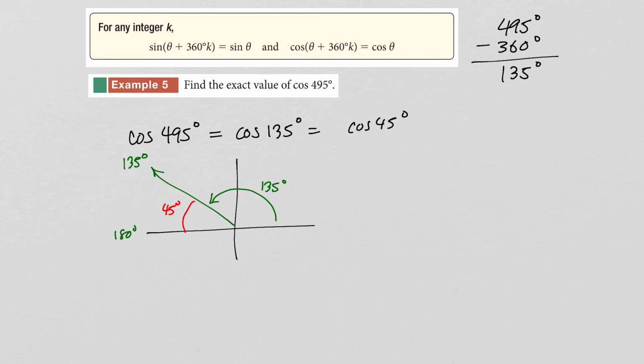And then I have to decide, is it positive or is it negative? Well, 135 degrees is in quadrant 2, and cosine in quadrant 2 is negative.